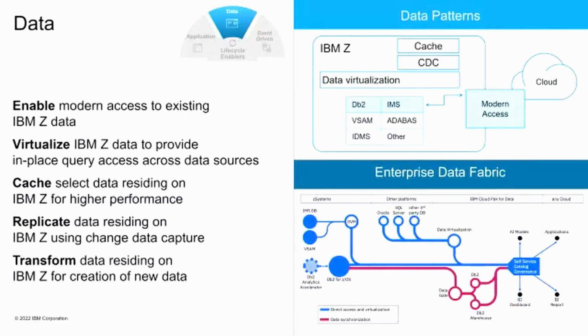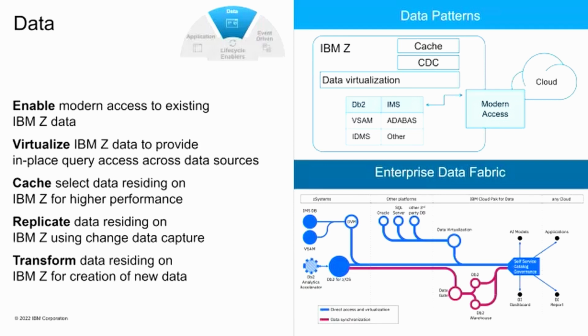So then a brief look at data. I mentioned data. Data is another key part of application modernization patterns, and this is very much focused on modernizing access to existing IBM Z-based data.